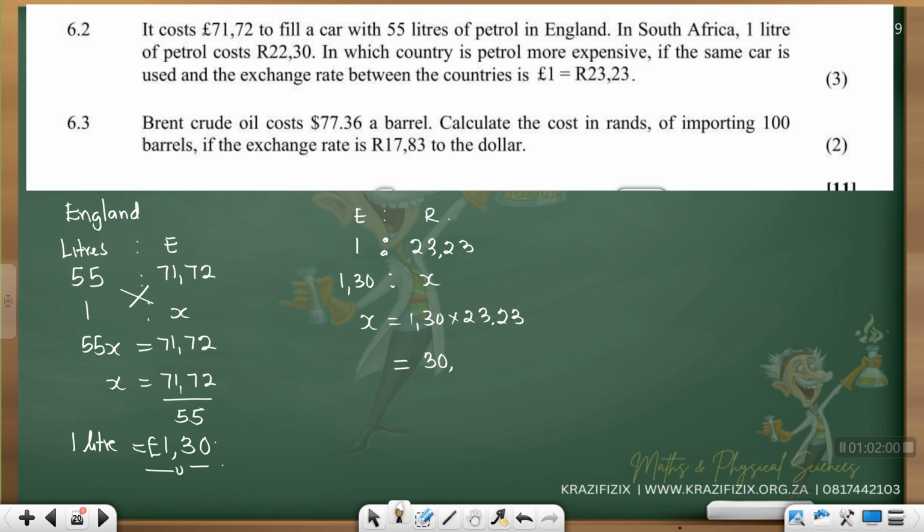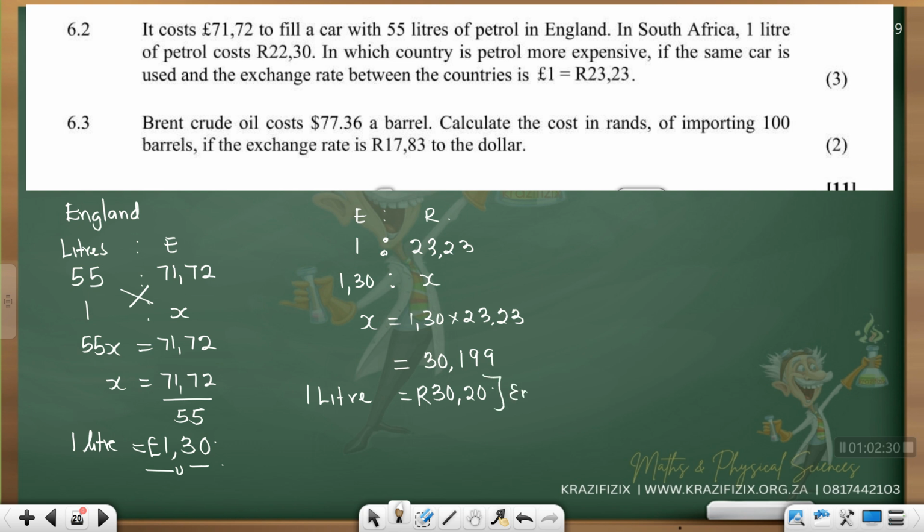No, okay. Yes, Chief, you are? So, yeah. 30 comma what? 199. 199, right? So 30 from 20. So that is 30. But this is what? In rand. So 1 litre is 30 rand 20 cents.